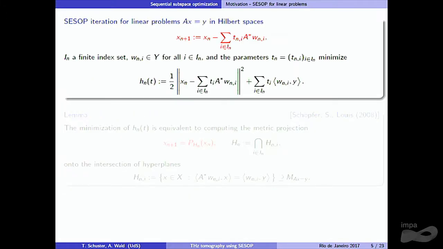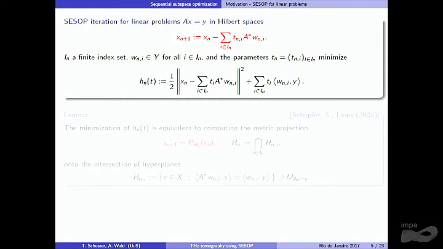So, motivated by Landweber's method, we now define SESOP iterations in the following way. First, I describe the results for linear operators, and then we extend this method to the nonlinear case, and you will see some decisive differences between the two cases, and why the nonlinear case is much more complicated also in the construction of the method for exact data.